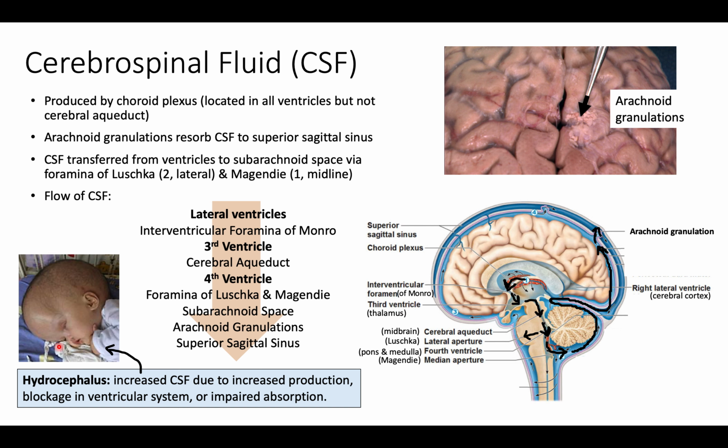Babies' sutures haven't fused yet, so they're able to compensate for this extra fluid, and so their skull expands. However, in adults, where it's already fused, this increase in production is going to cause major problems, causing cerebral edema.